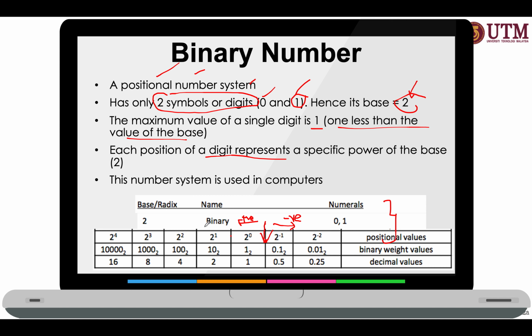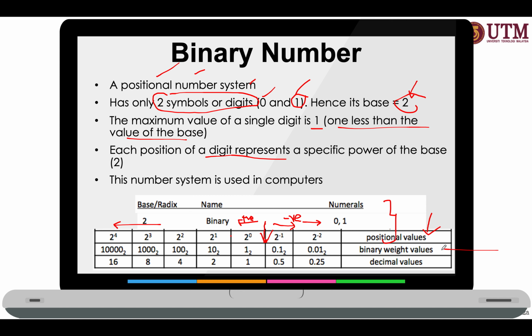This one is positive powers. So it starts from to the power of 0, to the power of 1, to the power of 2, to the power of 3, and so on. Same goes to your right, which is to the power of negative 1, to the power of negative 2, and so on. So this is the positional value.